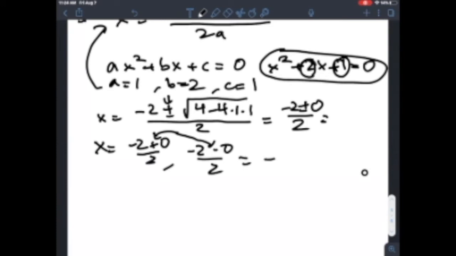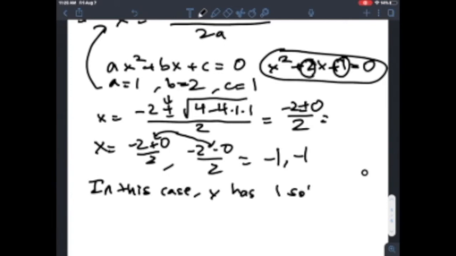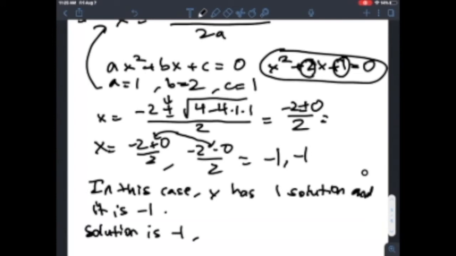And so this is negative 1, and the other one is negative 1. So in this case, and just this case, x has one solution, and it is negative 1. So what you would say in this case is the solution is negative 1 with multiplicity 2.